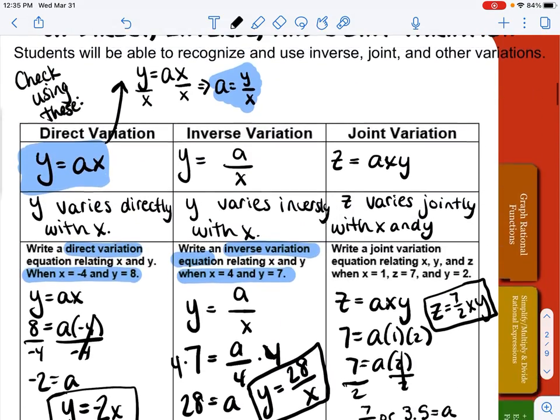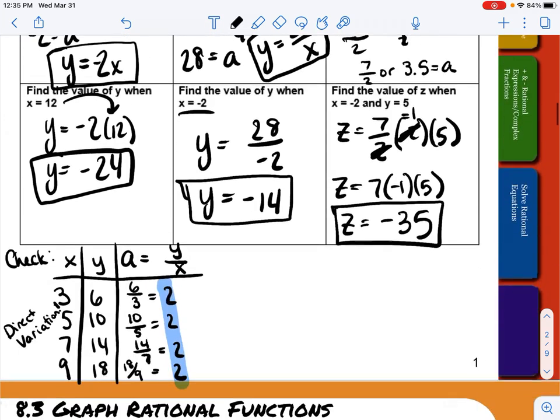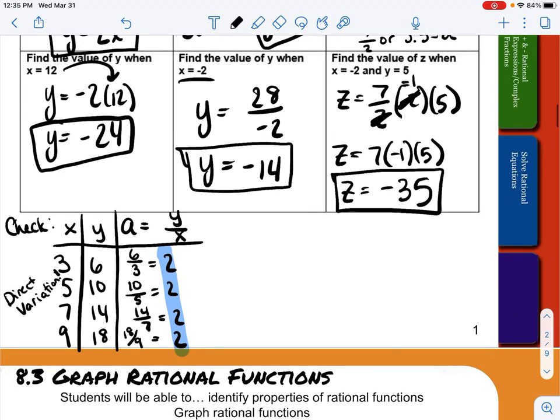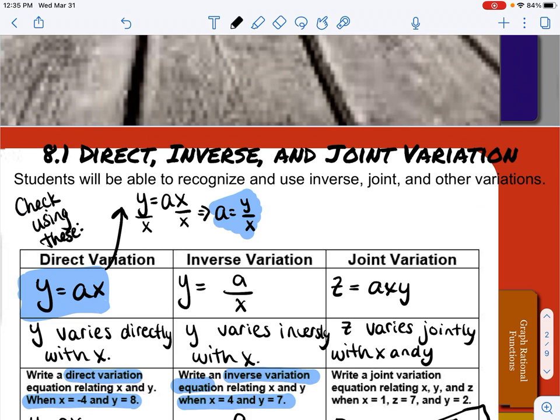So notice the direct variation equation is actually multiplied, but to check to see if it's direct variation, you divide y divided by x. For inverse variation, you do something similar. You take what you are given, or what your inverse variation equation is, and solve for a.